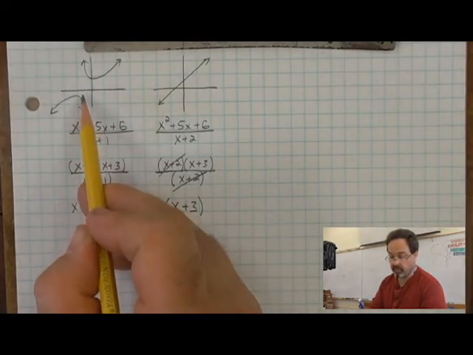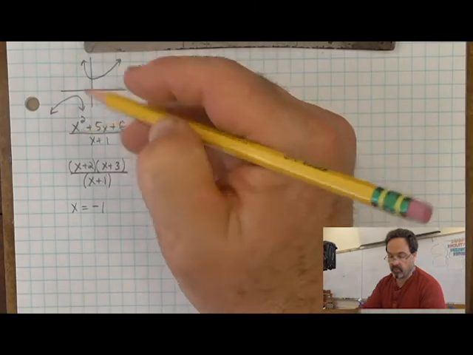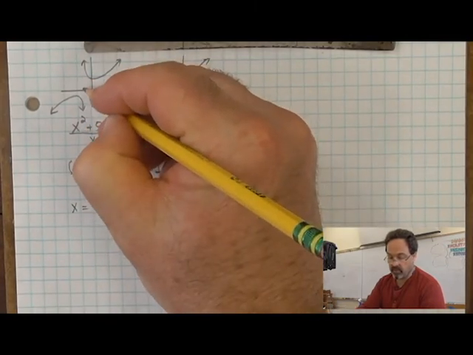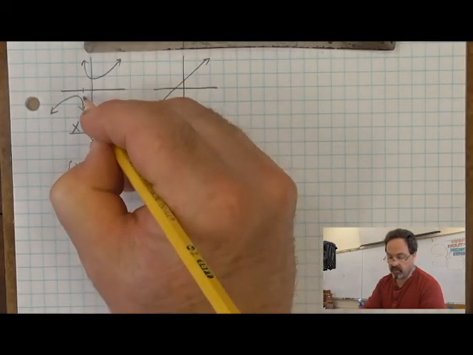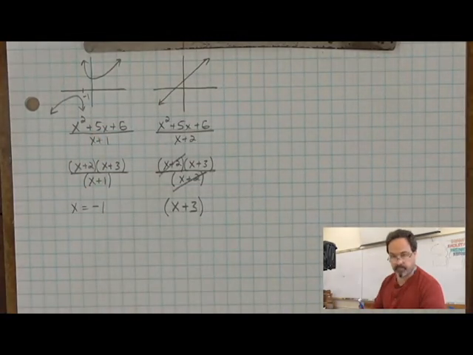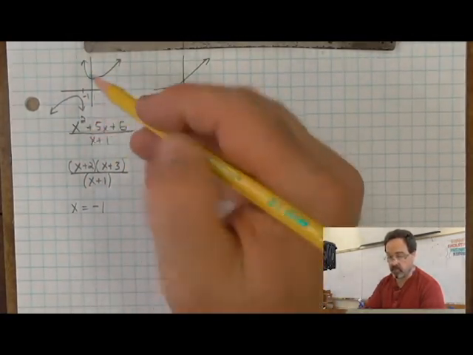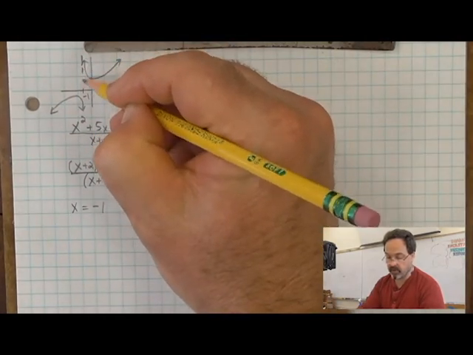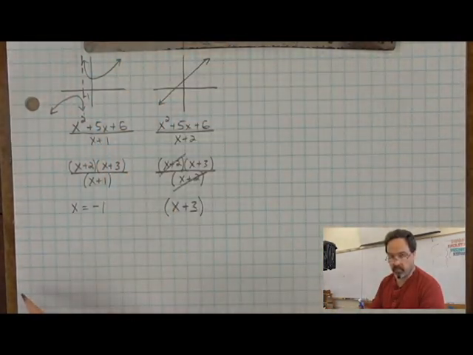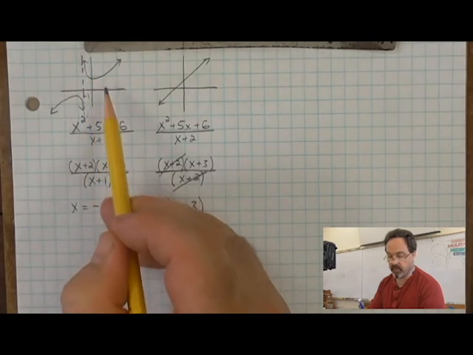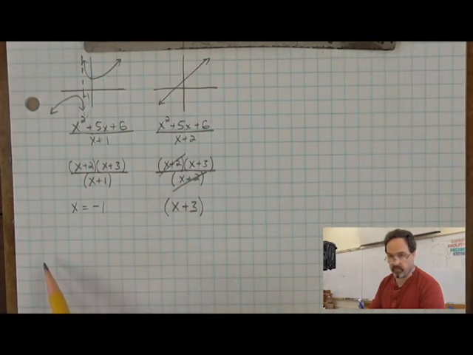And look to the graph. We have a discontinuity, and that discontinuity is at an x value of -1. The graph shows us that the function isn't defined at -1. We have a vertical asymptote there, hopefully easily seen by how these branches diverge from one another.